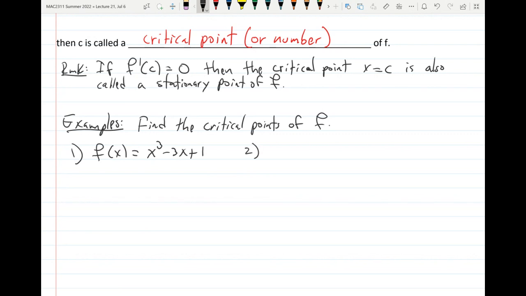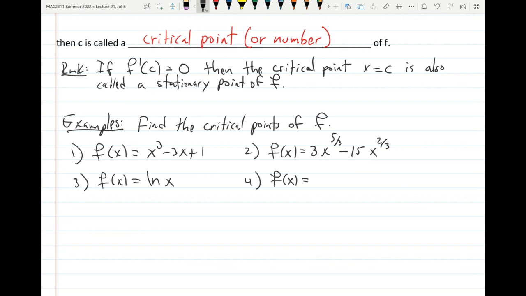So let's look at a cubic, then let's look at a radical function. Remember, when you have powers that are fractions, those are really radicals. And then let's look at ln. And let's also practice the sign.